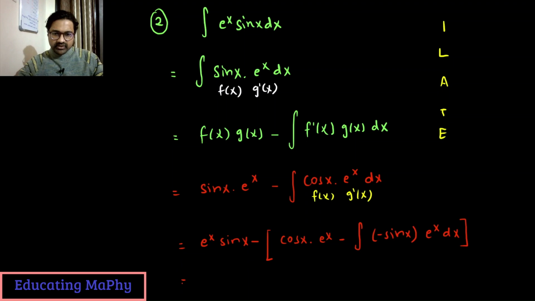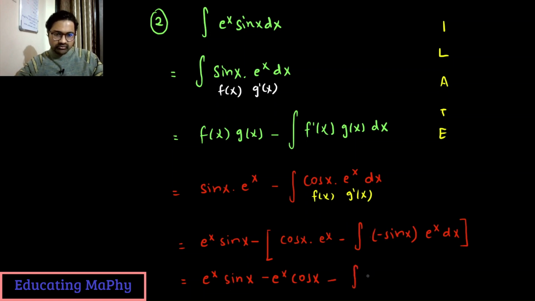All right, so this becomes e raised to x sine x. Now I'm going to open up the bracket so this minus gets into both these terms. This will become minus e raised to x cos x, and minus, minus, and minus, three negatives will become negative.